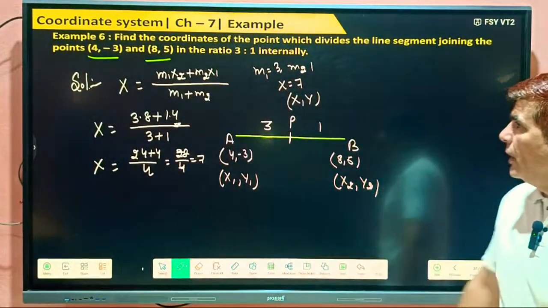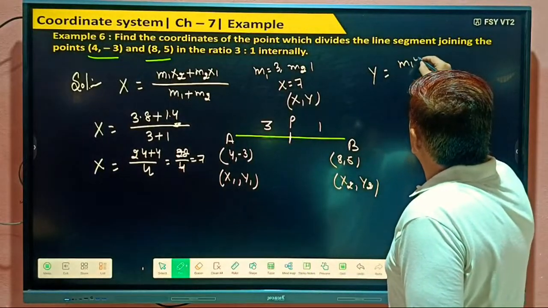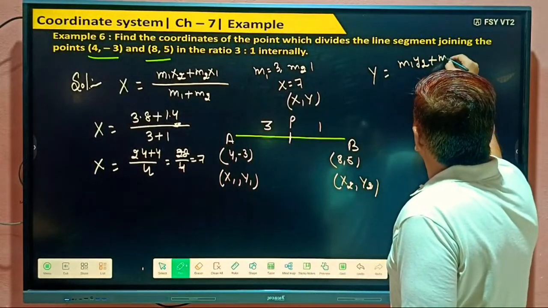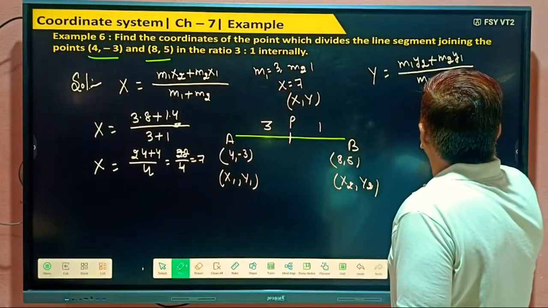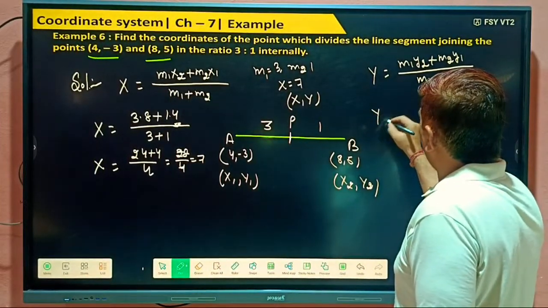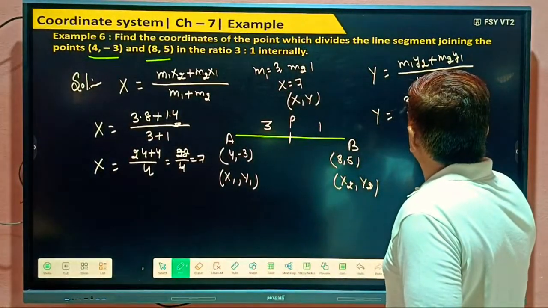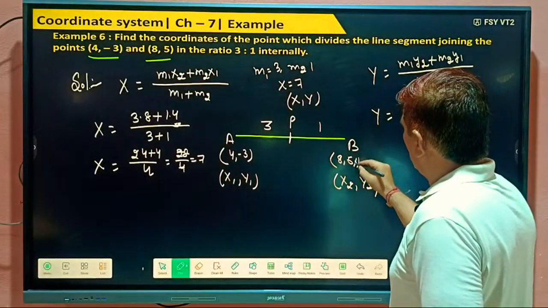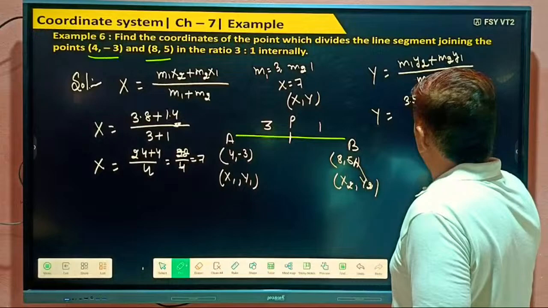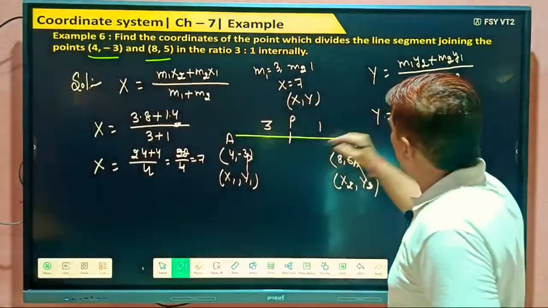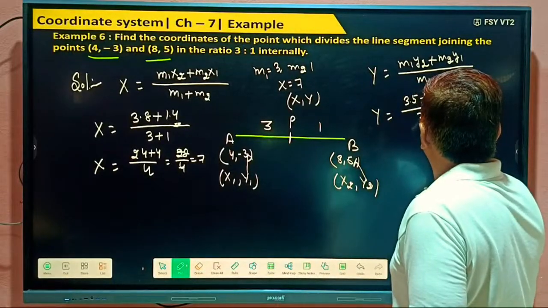Similarly, find out y. So y equals (M1 y2 plus M2 y1) by (M1 plus M2). So y equals M1, which is 3, into y2, which is 5, plus M2, 1, into y1, which is minus 3, by 3 plus 1.